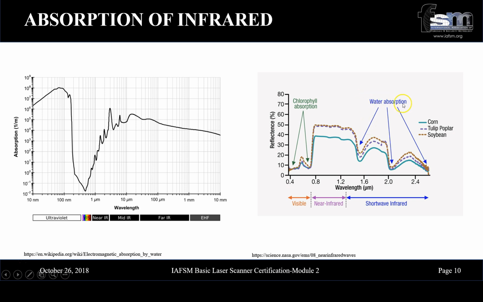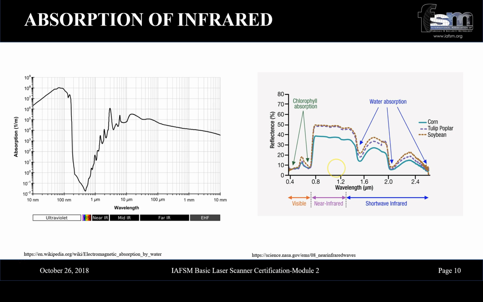There's text here that says water absorption. We get these dips because at 1550 nanometers, and somewhere around 2200 and maybe 2500, we get absorption. So there's this little dip, which means you don't get as much energy reflected at that wavelength because it's getting absorbed by moisture. Hold that thought, because that is going to be coming up again.